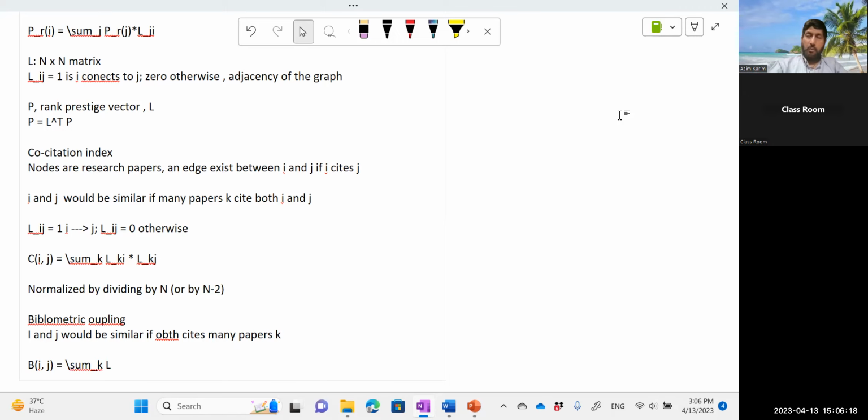Lik, अब हम देख रहे हैं कि i cites k and also j cites k. ठीक है. So this will now count all those k's that are cited by both i and j. And again आपने normalize करना तब divide by n कर सकते हैं या n-2.